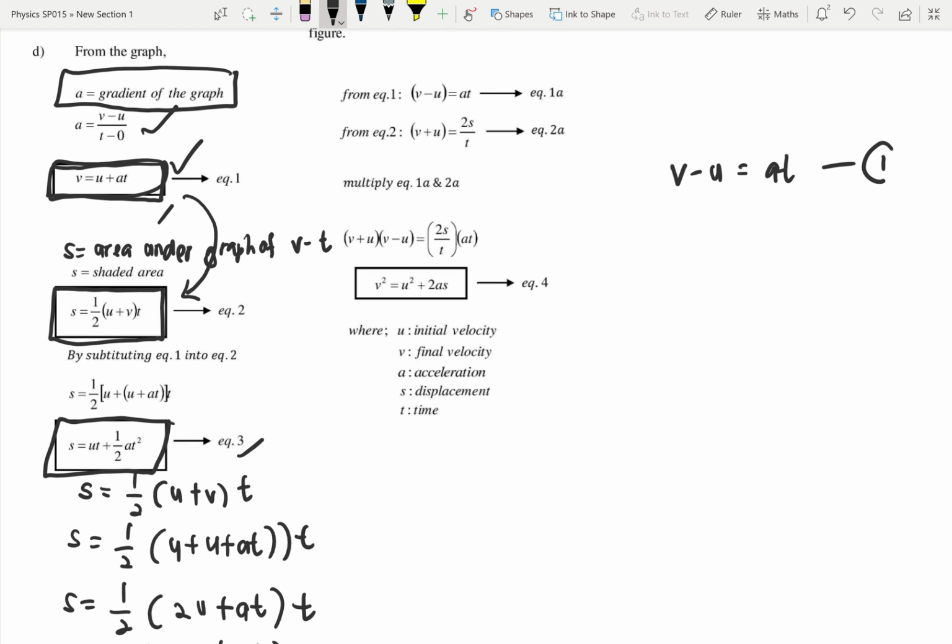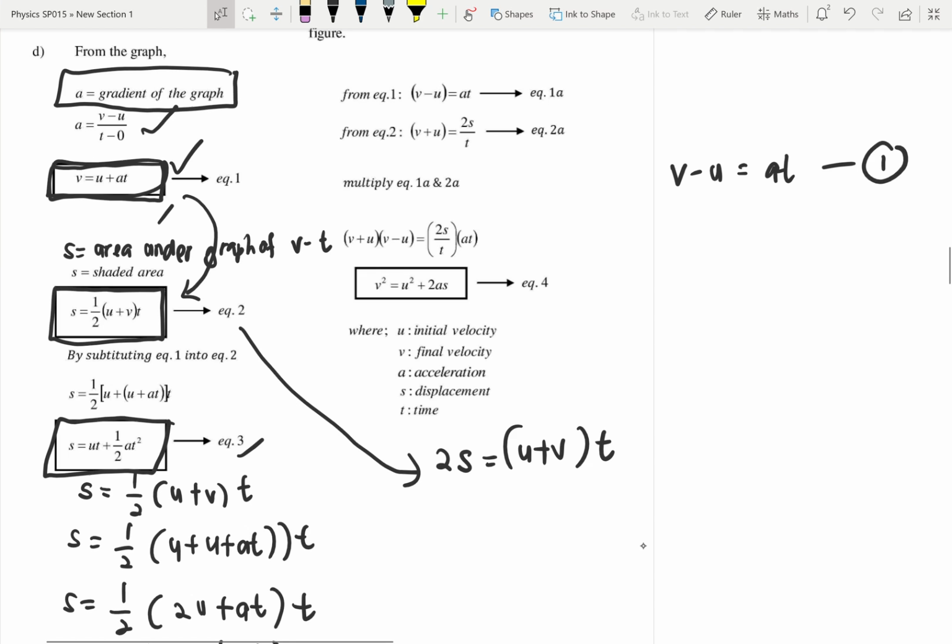This is the arranged equation 1. Then from equation 2, we bring 2 to the left hand side first: 2s equals u plus v times t.